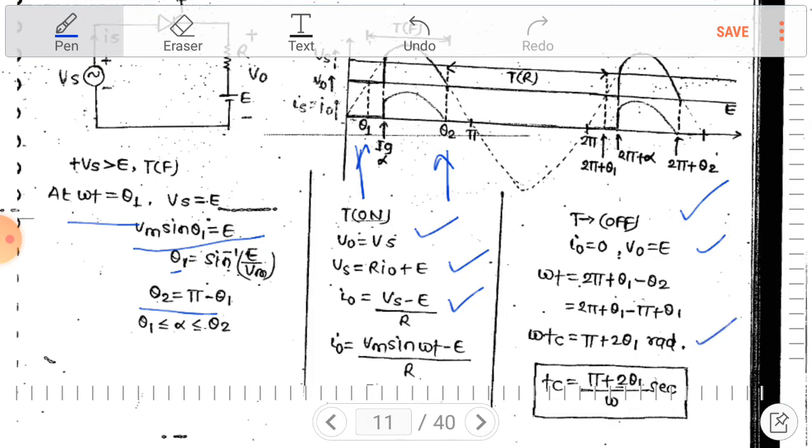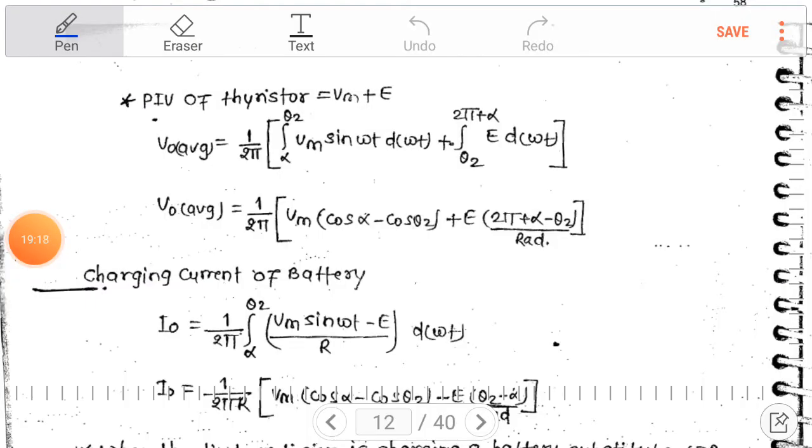The circuit turn off time here is pi plus 2 theta 1. Peak inverse voltage of the thyristor is the maximum voltage which we have to apply by our circuit when the thyristor is in reverse bias. So the reverse bias maximum voltage is Vm plus E.